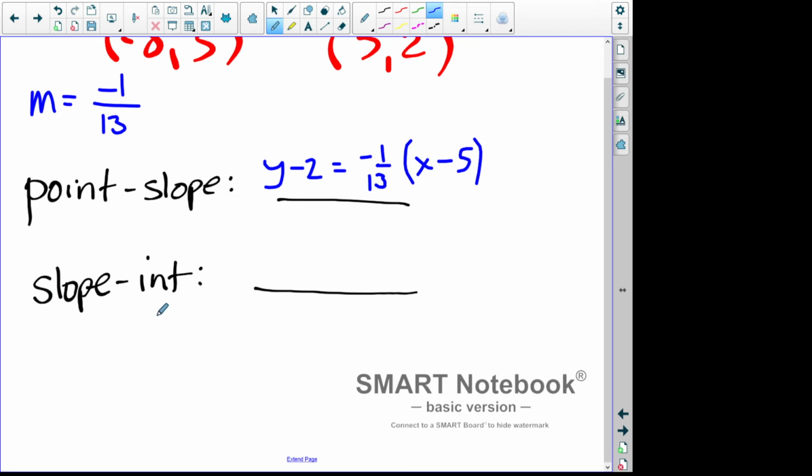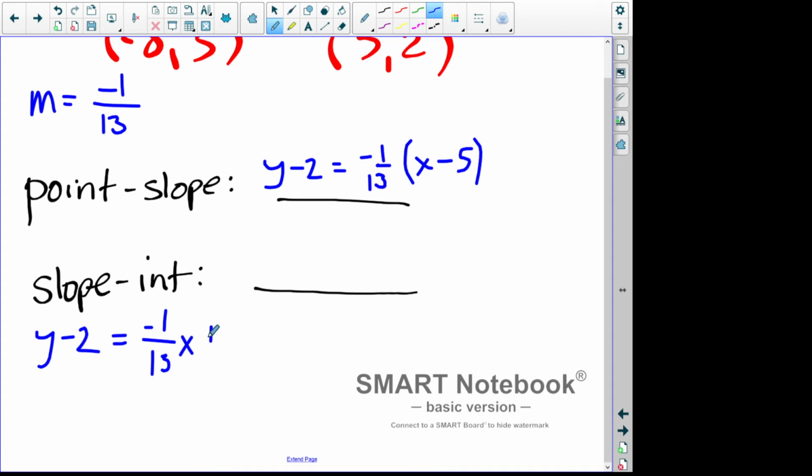Now, if I'm asked to put it in slope-intercept form, well, again, I can do that same process. I can move this around and distribute and get this to be in slope-intercept form. So to do that, I would have y minus 2. And if I distribute, I get -1/13 x and then I've got -1/13 times 5.